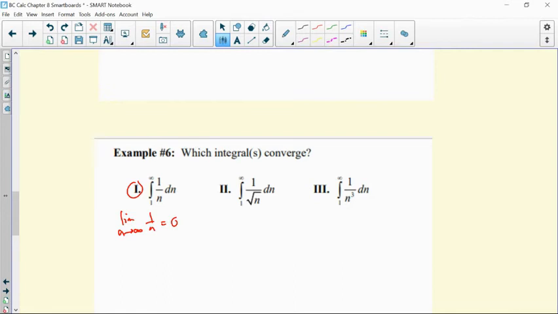But I want to formally come up with that with a test, and that's what we're going to do with this p-series test. Now 1 over root n, the limit as n goes to infinity of 1 over root n is still 0, so the nth term test is inconclusive.